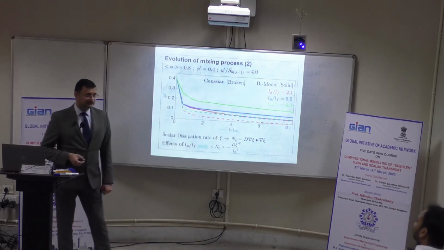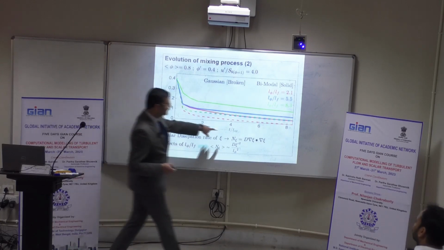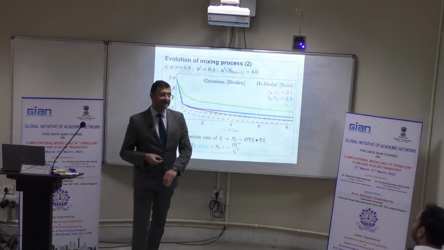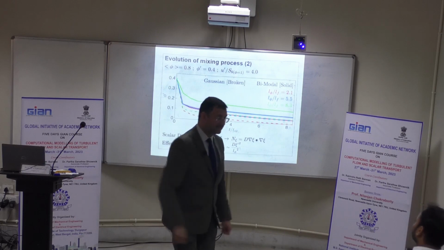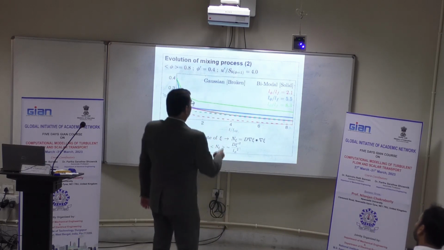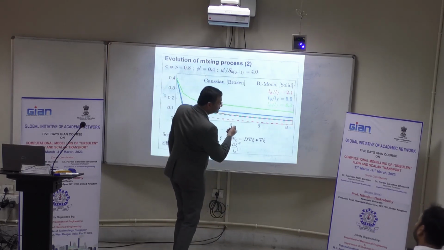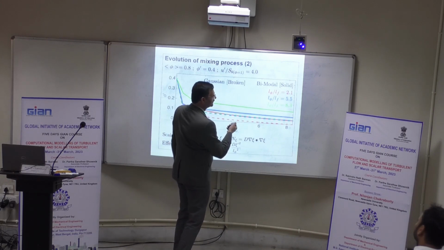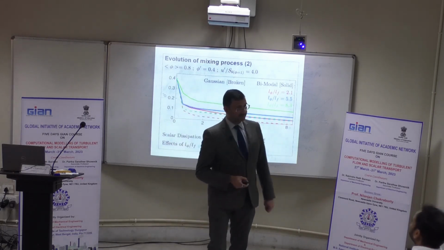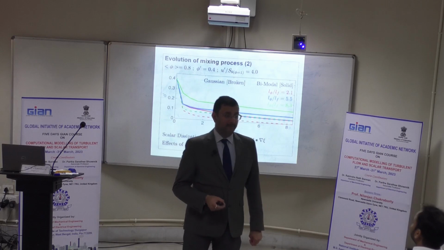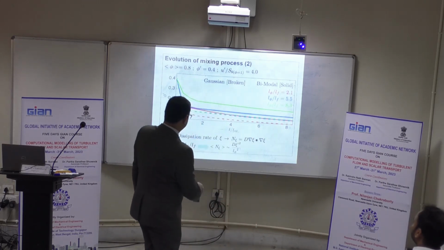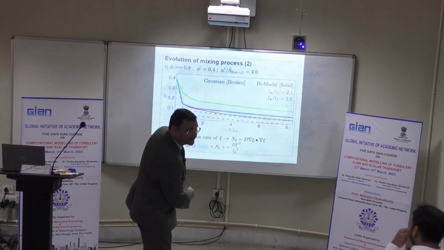Phi prime, how it evolves with time. Once again, forget about the details, understand what happens with time. If I have a small value of the scalar microscale, as written a couple of slides back, that smaller value means higher scalar dissipation rate.